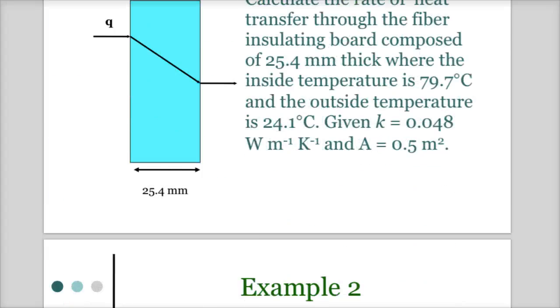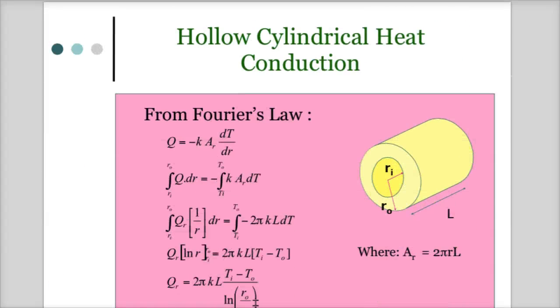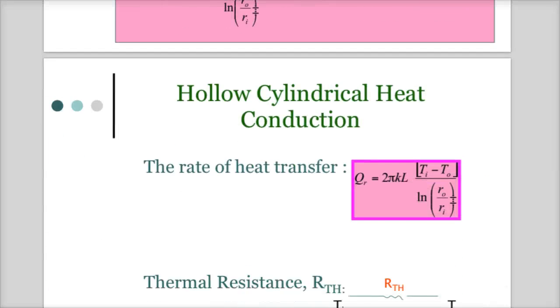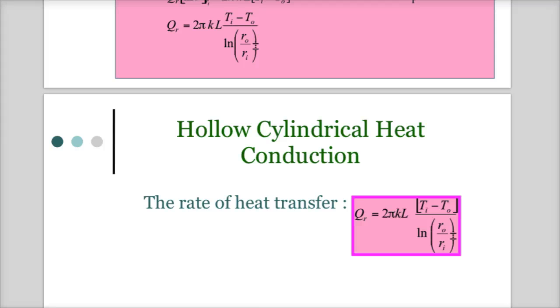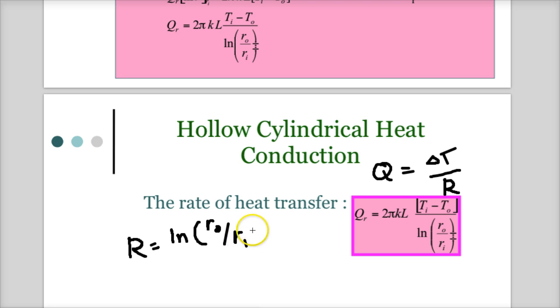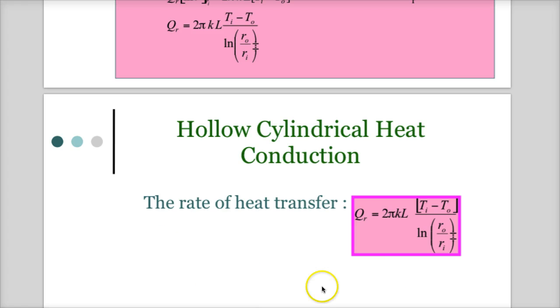Now let's go down and have a look at the cylinder. So what's the R for this? Since Q equals delta T over R, R here should be ln of R naught over R1, divided by 2 pi k L. So that's the R value.